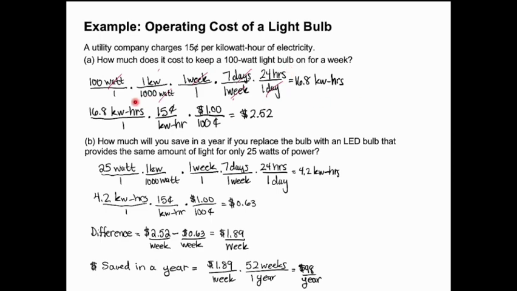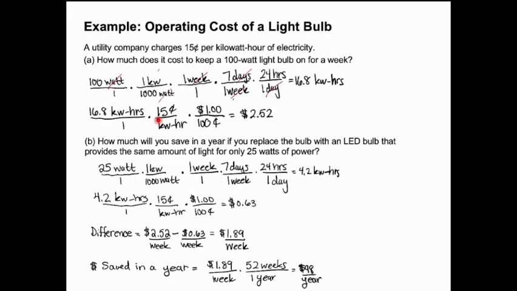So what we're going to do now is take the kilowatt hours and multiply it by 15 cents per kilowatt hour. So now the kilowatt hours cancel, and all I'm left with is the amount of money in cents so far. So if I take 16.8 kilowatt hours and I multiply by 15 cents, the kilowatt hours cancel, and I would be left with 252 cents.